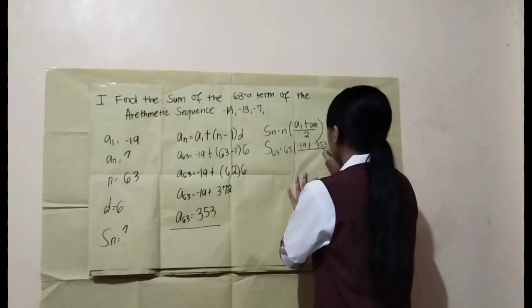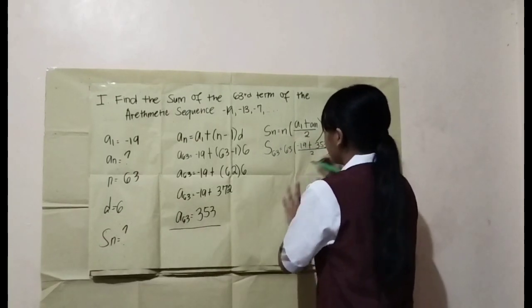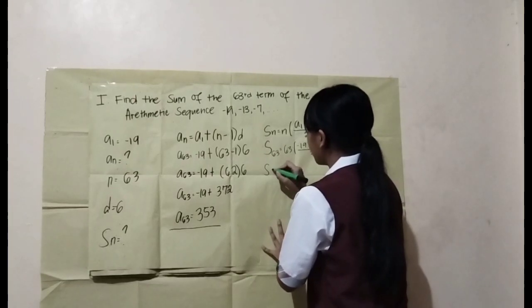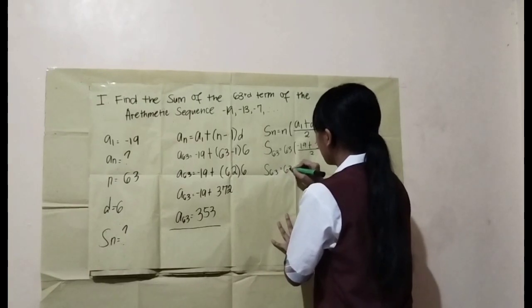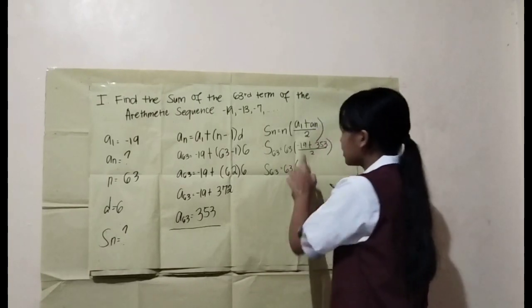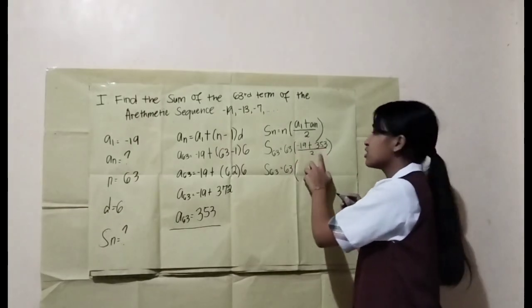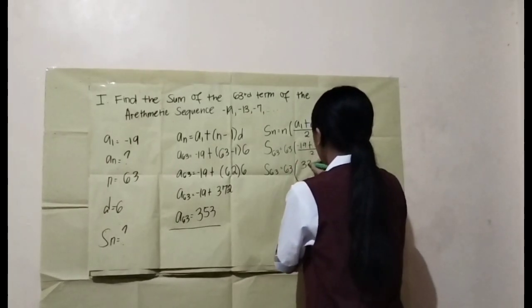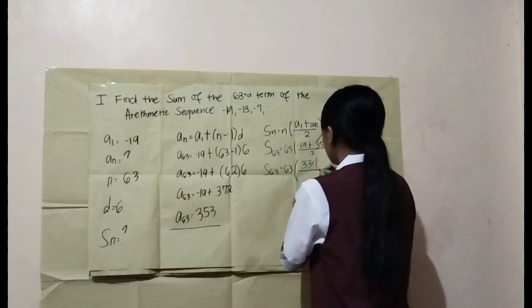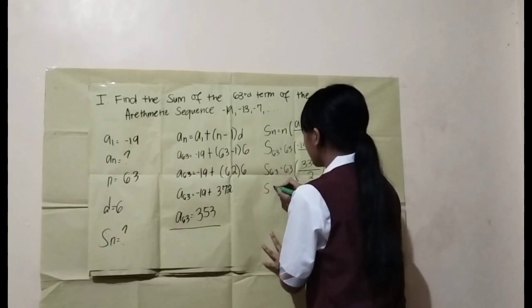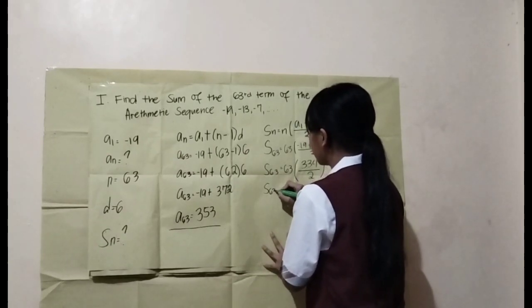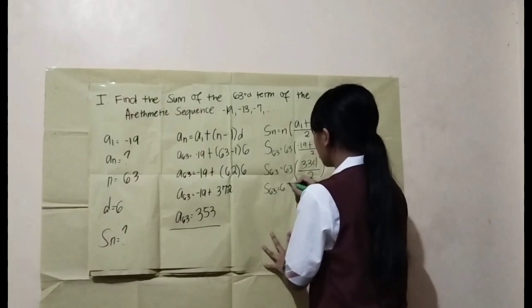And we would be bringing down the denominator. We would be copying again s sub 63 is equals to 63. The quantity of negative 19 plus 353 is 334 divided by 2. Then we will be bringing s sub 63 equals to 63.